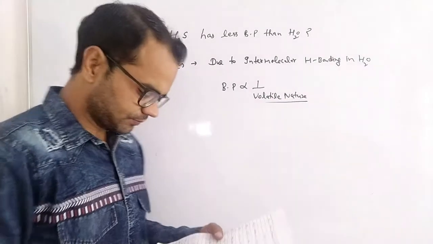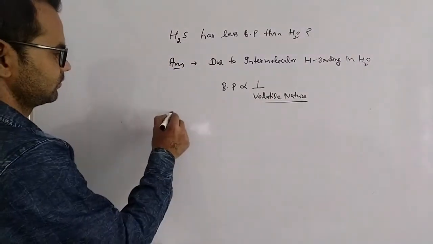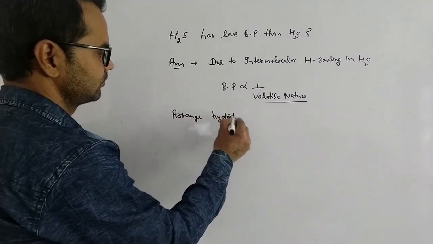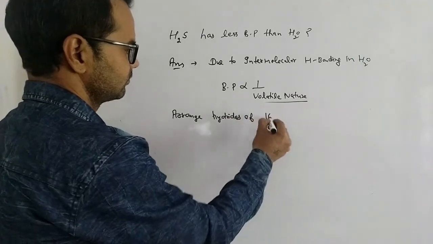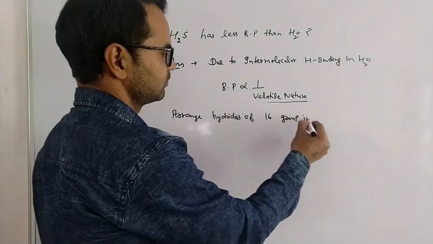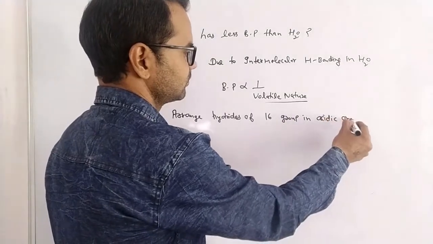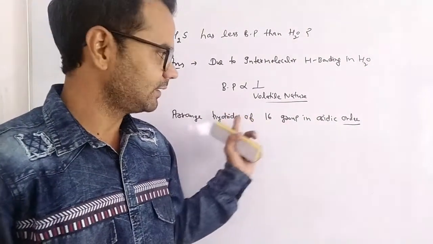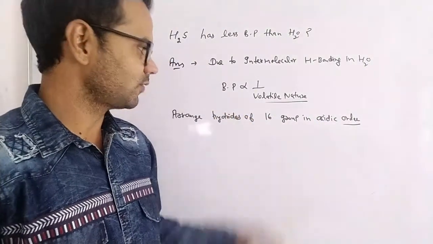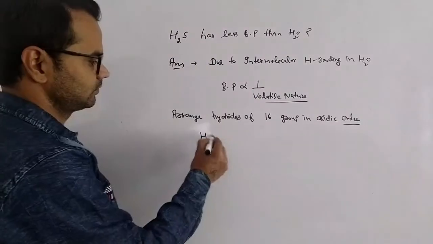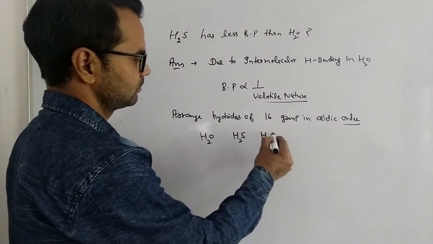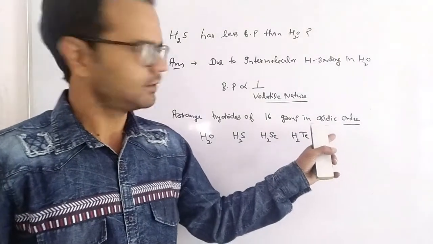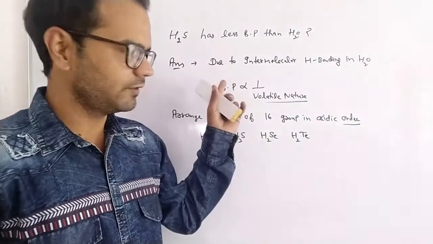Next question is: arrange the hydrides of group number 16 in acidic order. So what are the hydrides of group number 16? We have to write the acidic nature, which will give hydrogen easily. We have discussed the previous question also.